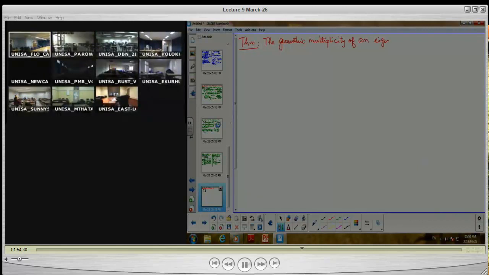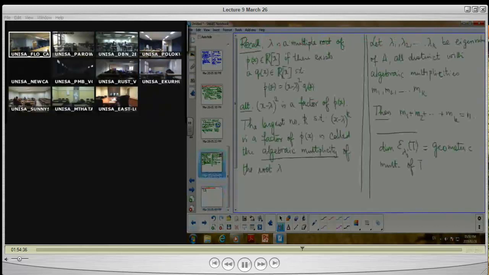Sorry, this will be the geometric multiplicity of lambda. Okay? It's clear?